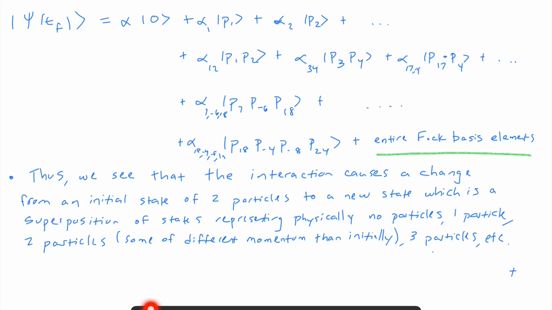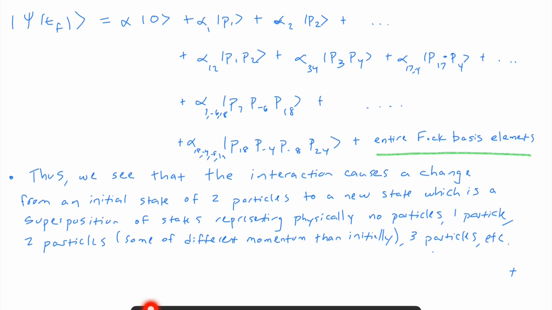You have a superposition of the ground state where there are no particles, and there's some probability of that happening, alpha, to a state of 1 particle, P1, to a state of 1 particle with momentum P2, to a state of 2 particles, like we started with, P1 and P2, to a superposition of 2 particles but of different momenta, to multiple particles, anything that's really in the Fock basis. It's very interesting. We just created a situation where there's now a superposition.